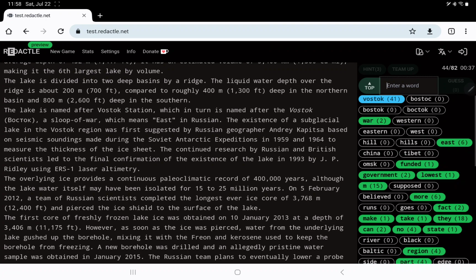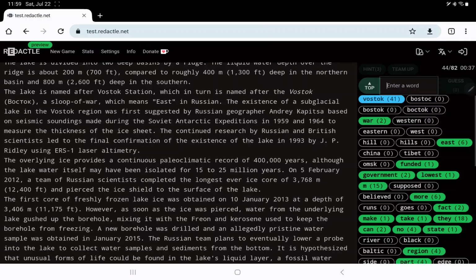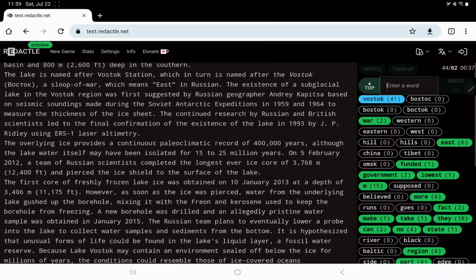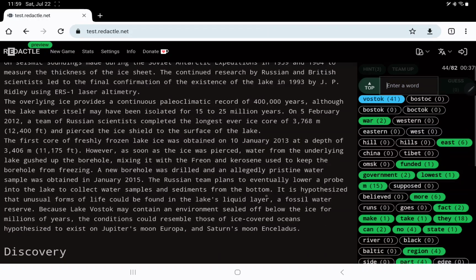Maybe that's where I've heard the and a sloop of war. Okay, and it was first suggested. Okay, so that makes now more sense. I mean, if it was just a lake in plain sight, they would have known about it. Yeah, I think if I had thought a little bit more about that, continued, and then using ERS-1 laser altimetry.